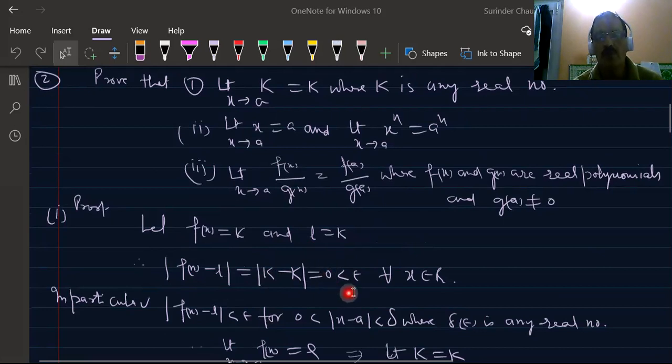Now obviously here, if k is any real number, for all real numbers the difference f(x) minus l becomes 0. For any real number k, this 0 is always less than epsilon, because epsilon we can choose greater than 0, for all x.